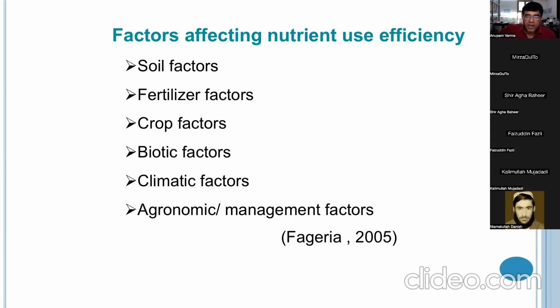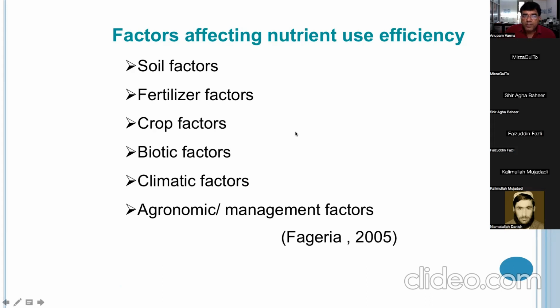And lastly, agronomic factors, which means agronomic management and cultural practices like right time of sowing, right manure, optimum depth of sowing, and spacing, will affect the nutrient use efficiency.